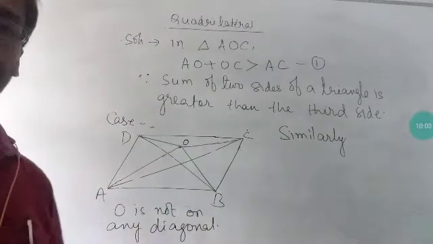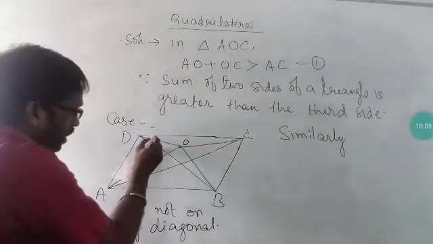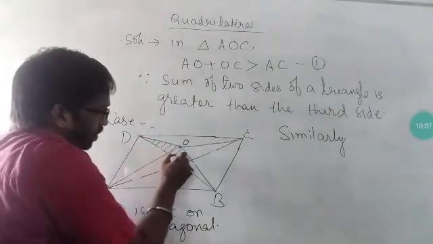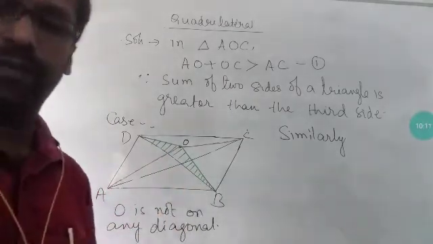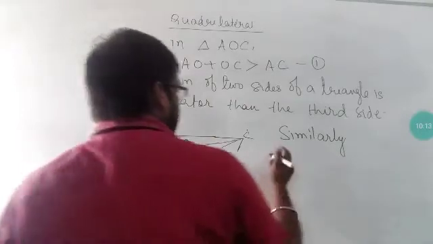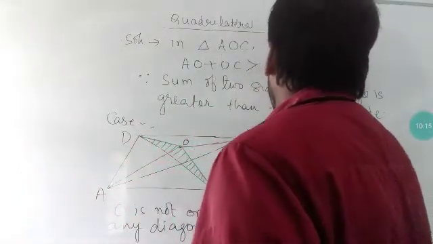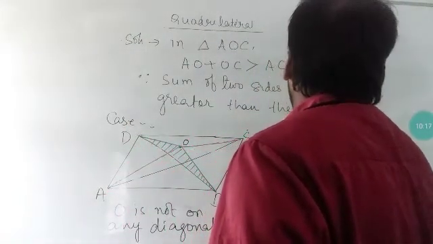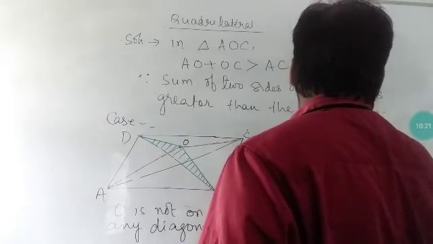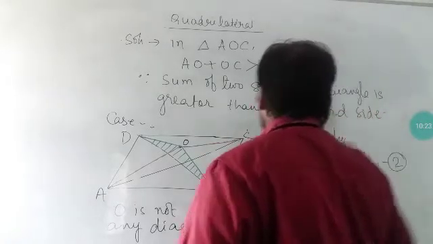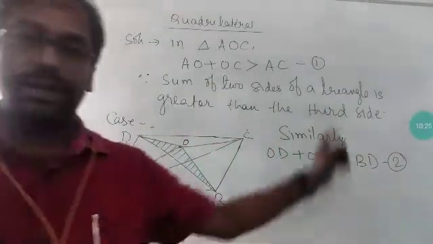Okay, this is triangle BOD. You will not get confused, so I will set that. Yes, see, I am setting it here in this triangle particularly. Due to the same property, OD plus OB is greater than BD.